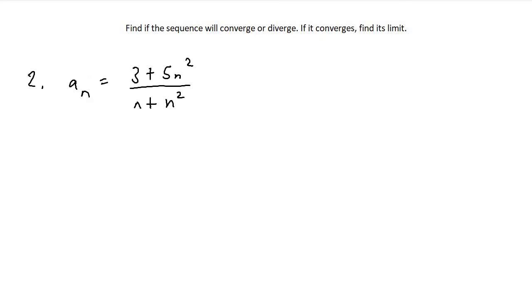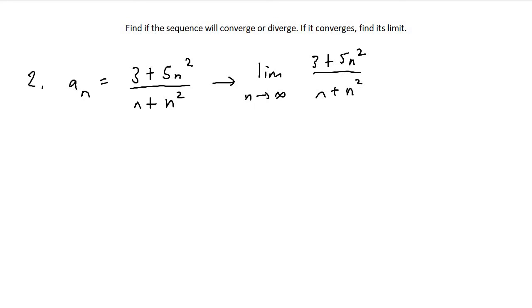Now for number 2, we have a sub n equals 3 plus 5n squared over n plus n squared. So once again, I'm just going to set it equal to the limit. So put it in limit notation, so the limit as n approaches infinity of our sequence, 3 plus 5n squared over n plus n squared.